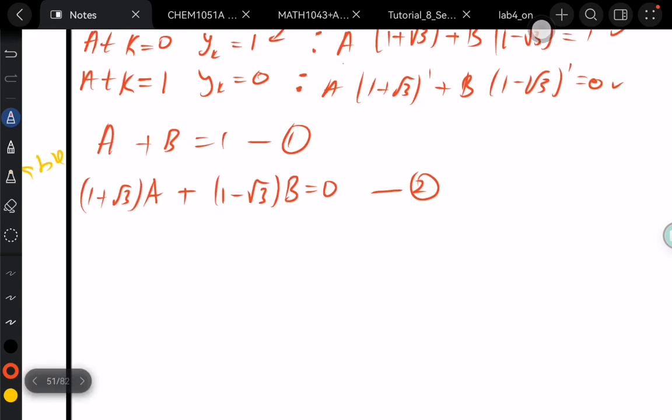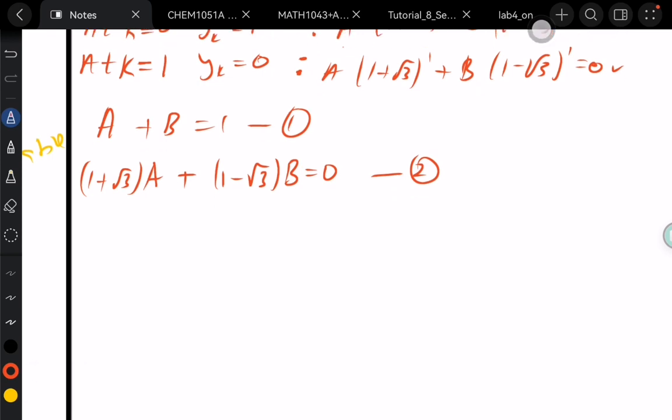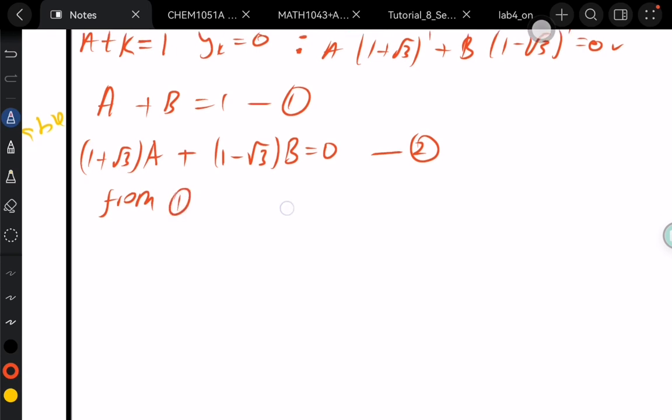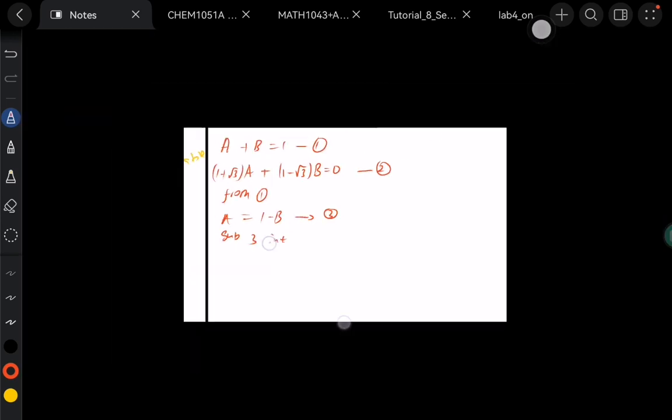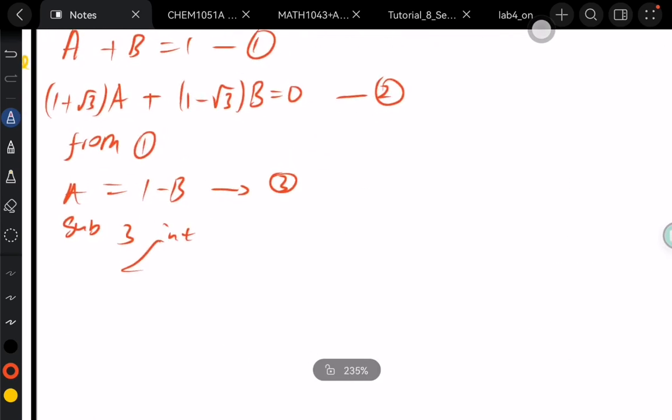So now let's solve for the value of a and the value of b. We are doing simultaneous equations. From equation 1, a is equal to 1 minus b. Let's call it equation 3. Therefore, I'll substitute equation 3 into equation 2.